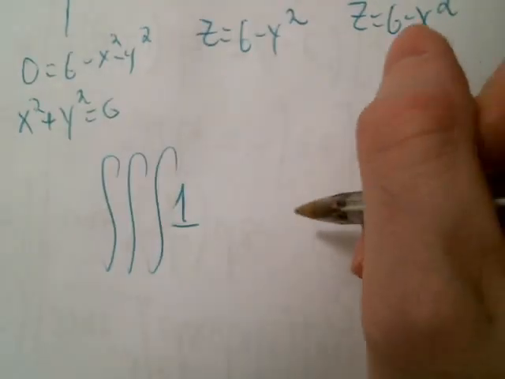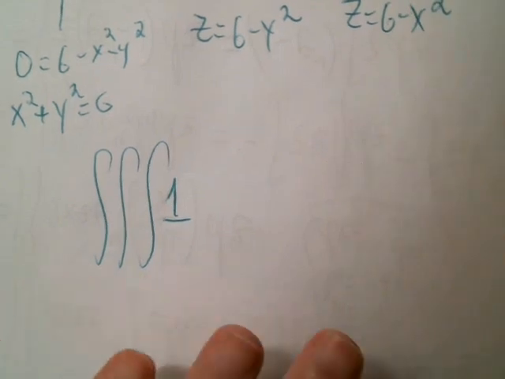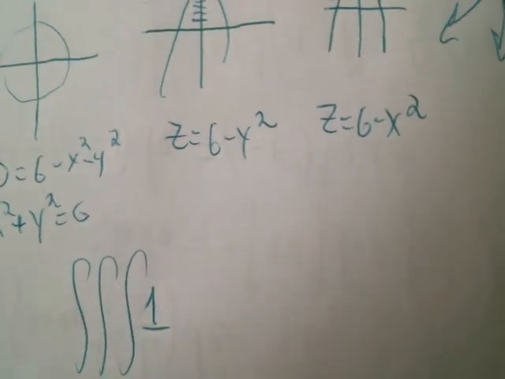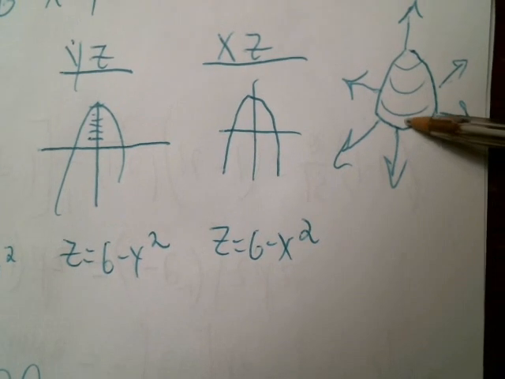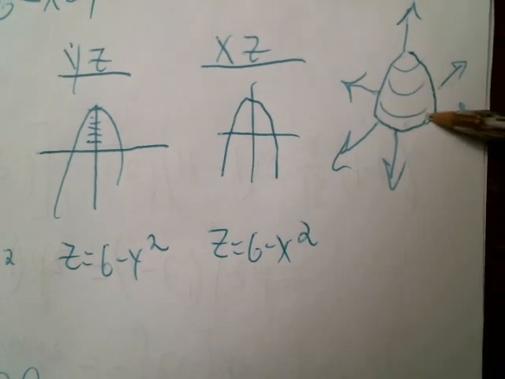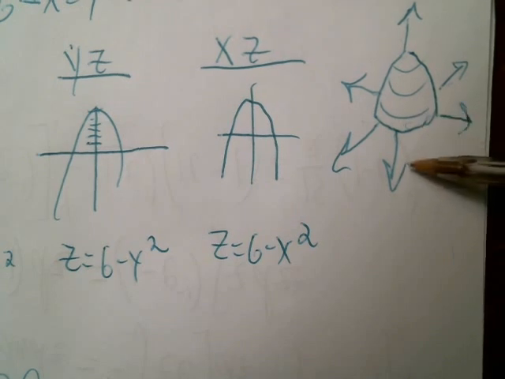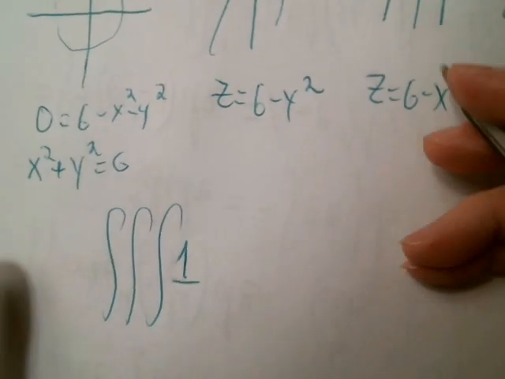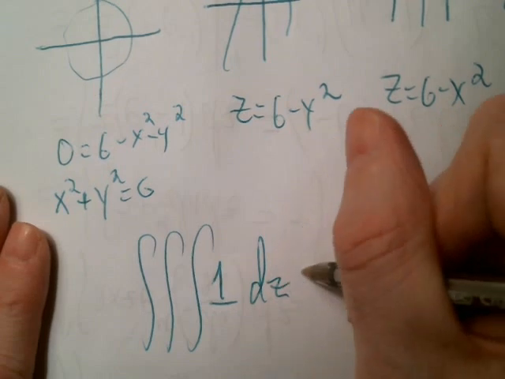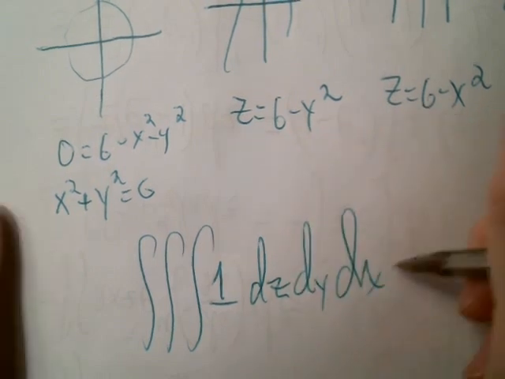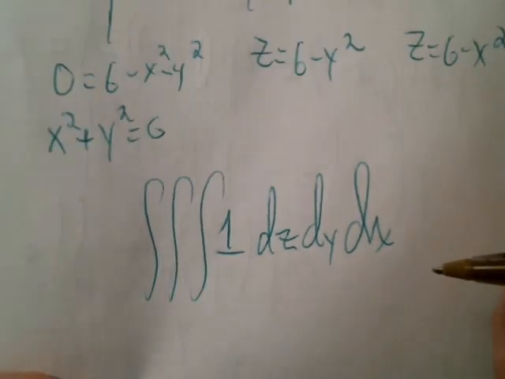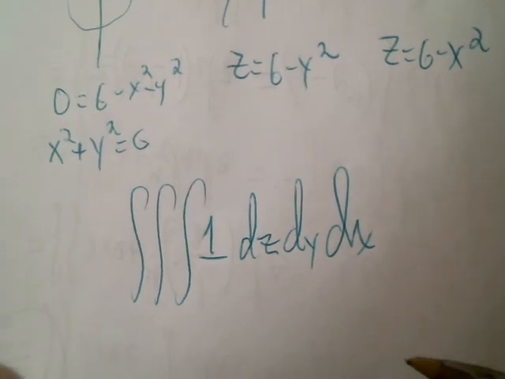And then you choose your orientation. And usually I think the standard orientation is going from z equals 0 to the surface. And then you go y equals curve to y equals curve, and then x equals point to x equals point. Okay, so I'm going to go dz, dy, dx.